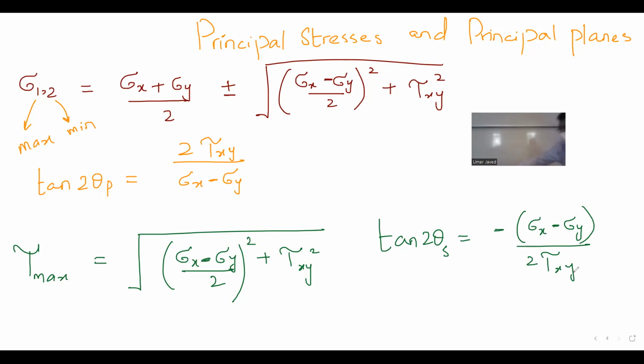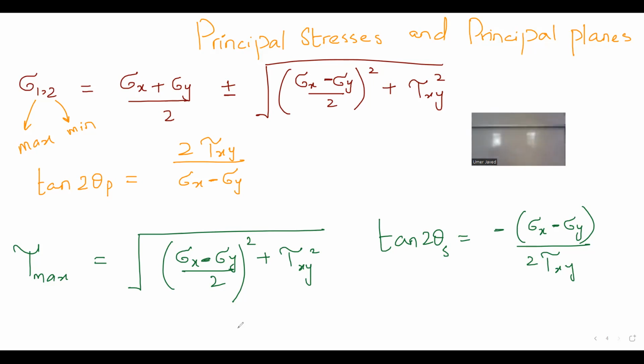Principal planes mean the planes where they exist. Maximum shear stress means maximum shear stress, and theta S will give you the plane on which that maximum shear stress happens.